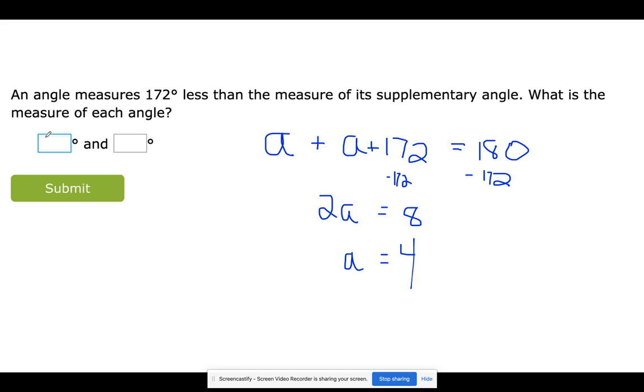So one of the angles is 4 degrees. The other angle would be 176, which is 4 degrees less. Does that make sense? 4 plus 176 is 180, and an angle measure is 172 degrees less than the measure of its supplement. So those would be the two angle measures.